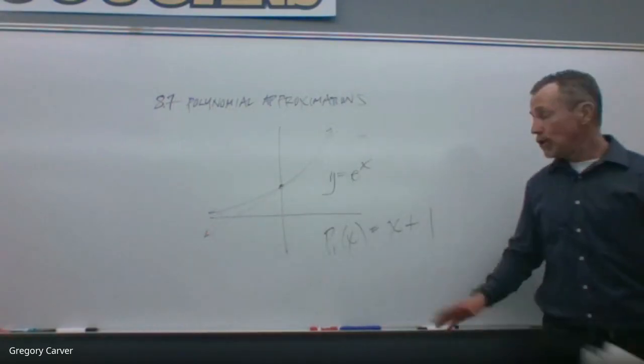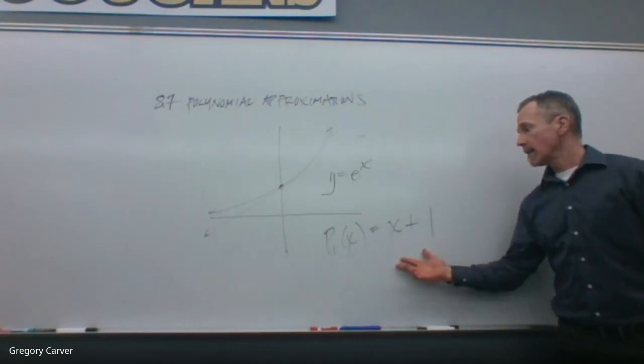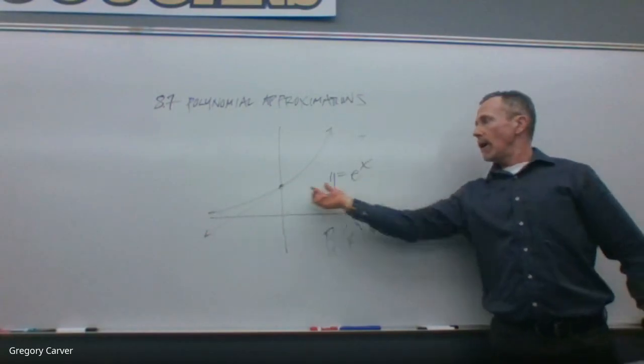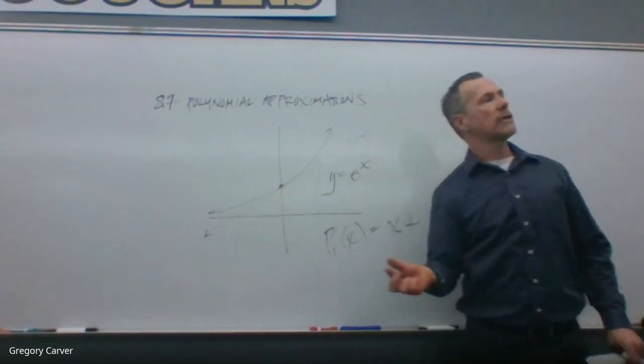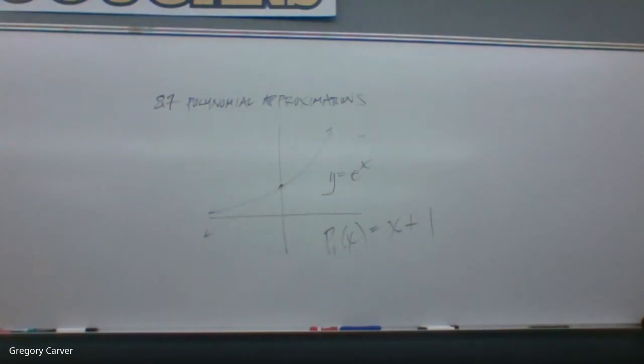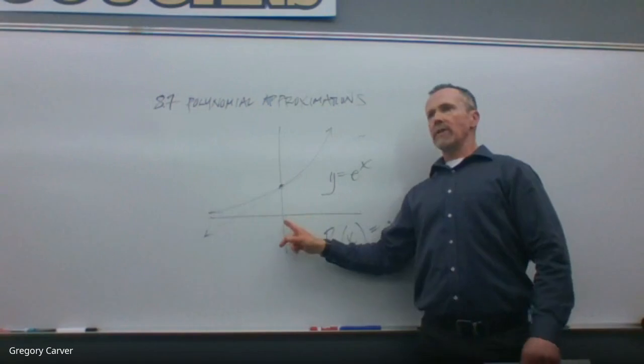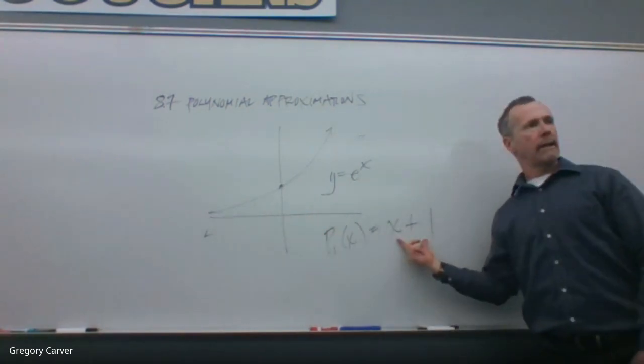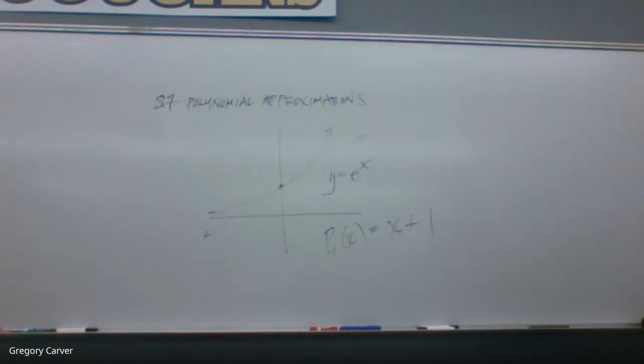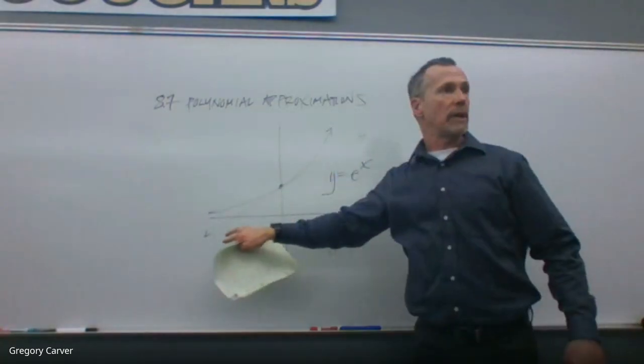Now, I could use this function to estimate what e to the x is around values really close to 0. It's super useful, right? If I want to know what e to the 0 is, I just plug 0 in here and I get 1. Also, if I was looking for e to the 0.001, I could just plug it in here and get something really, really close to it. But you can tell, the farther you get from 0, the worse this polynomial approximation is.